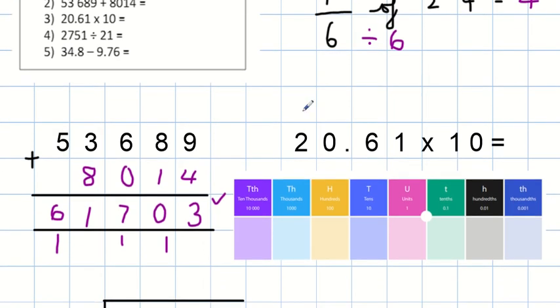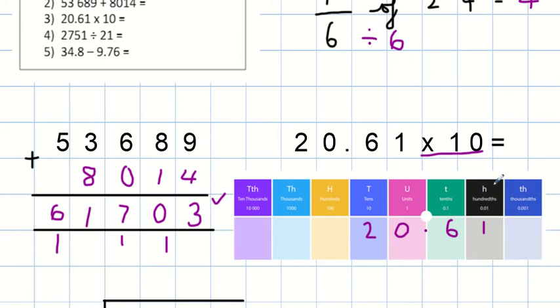Okay, question number 3 then. 20.61 multiplied by 10. So I'm making this number 10 times bigger. Some of us like to use a place value chart and we're familiar with drawing these at school.